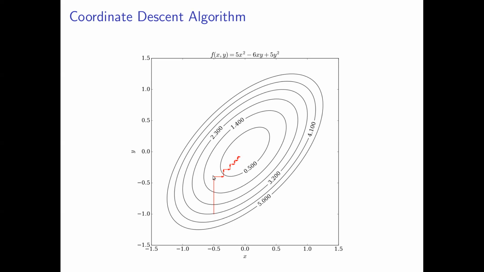We go in the direction of the different coordinates and we descend towards the center, as we see here from these topological height lines, until we get to the minimum of this optimization problem.